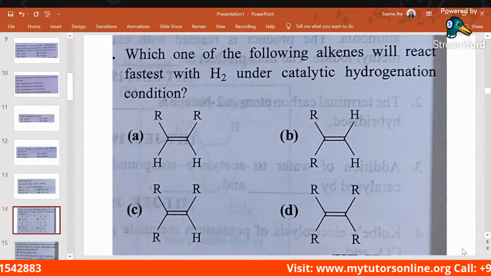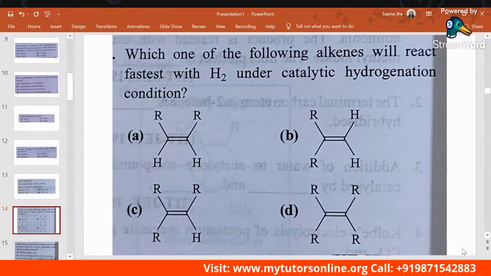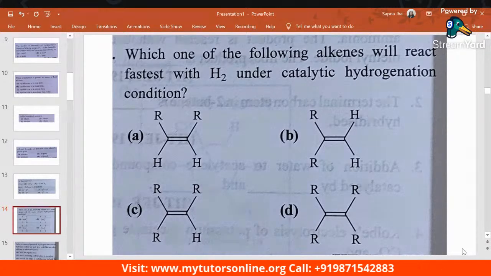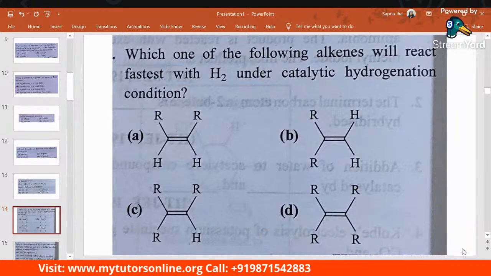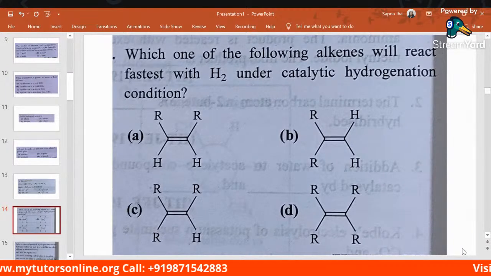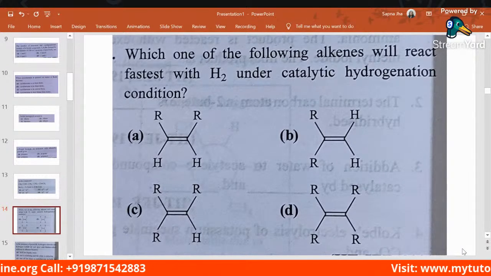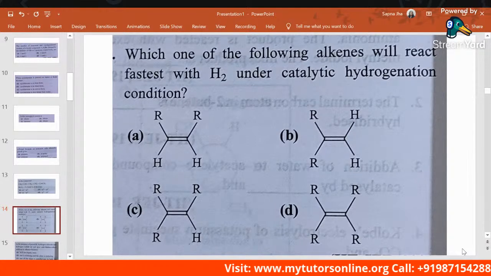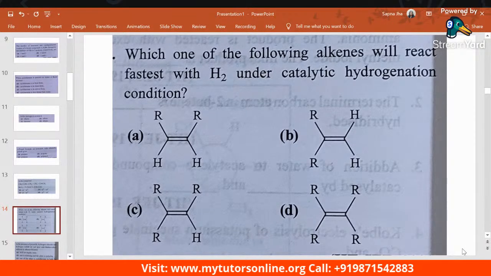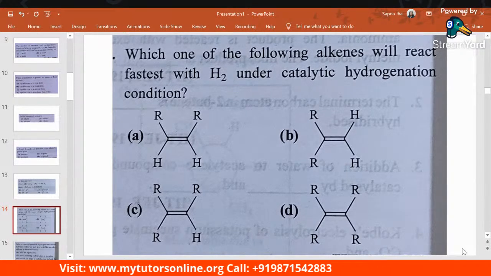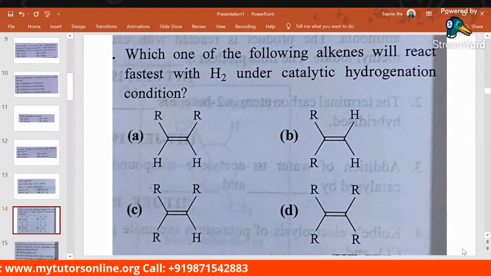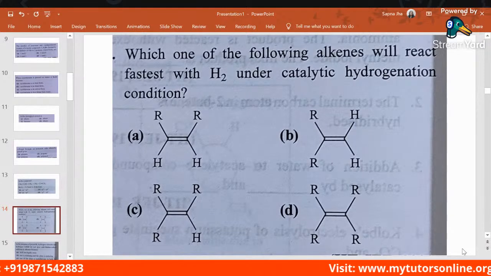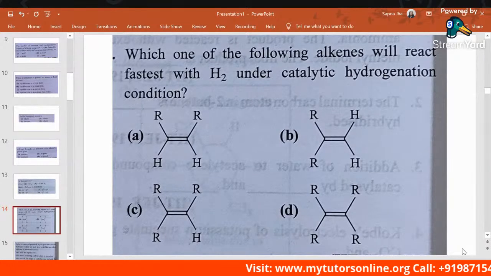I hope everybody of you knows about steric hindrance. So you have to find out which of the following alkenes will react fastest with H2. Figure out which is having the most steric hindrance. Because Vachna, you are not correct.